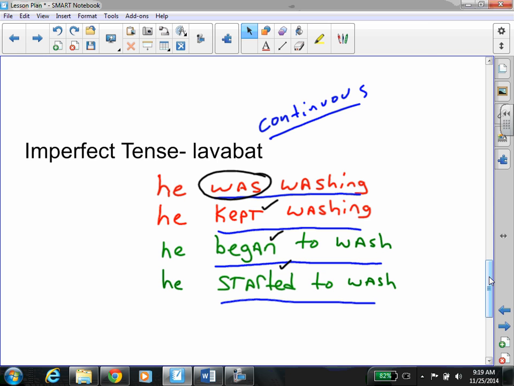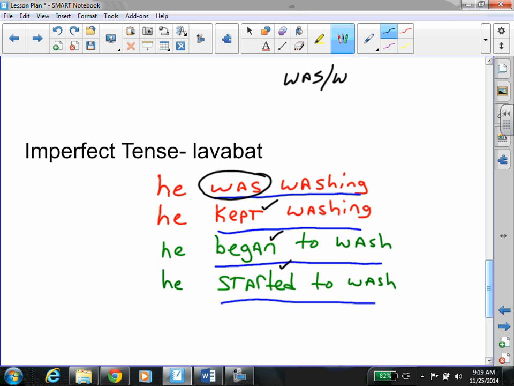So, our rule here, or something to help us translate these, would be our number one is to use was or were plus ing. So I would have he was, that's the was, and then the ing, washing, he was washing.